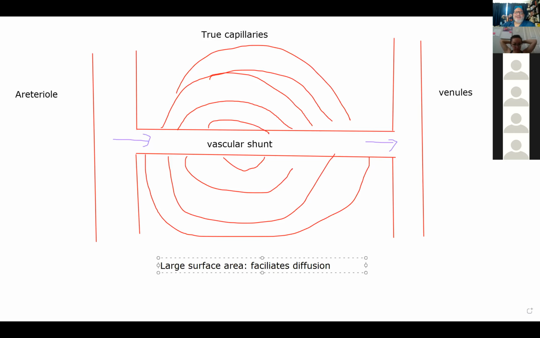Now, while you're sitting in your chair or laying in your bed listening to me talk, do you need to be filling all of the blood vessels in your leg, all of these true capillaries with blood, getting that massive amount of diffusion of nutrients and resources, the removal of waste, from the things going on in your legs right now? No, because they're not active.